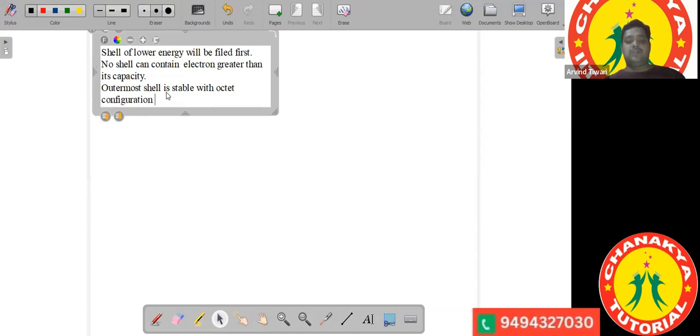It is stable with octet configuration or fully filled configuration. So this is what can be there in the outermost shell. There are no other alternatives. So keeping these points in mind, we will be filling up the electrons in any shell.